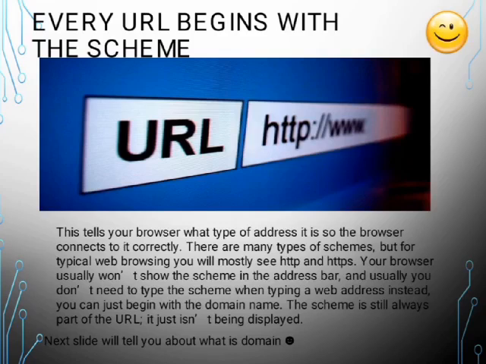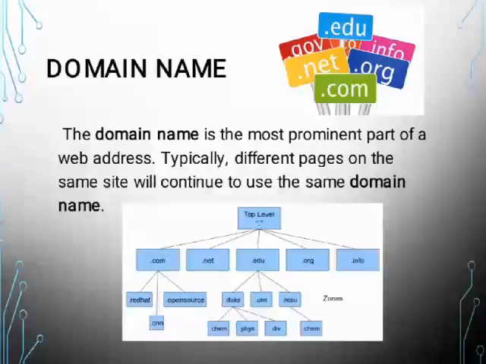Your browser usually won't show the scheme in the address bar, and you don't actually need to type the scheme when typing a web address. Instead, you can just begin with the domain name, but remember that the scheme is still always part of the URL. It's just not being displayed.